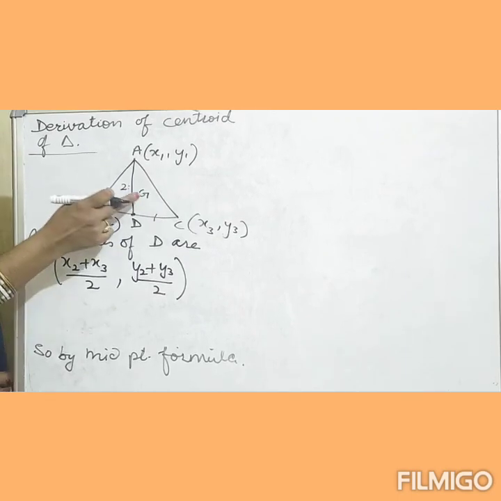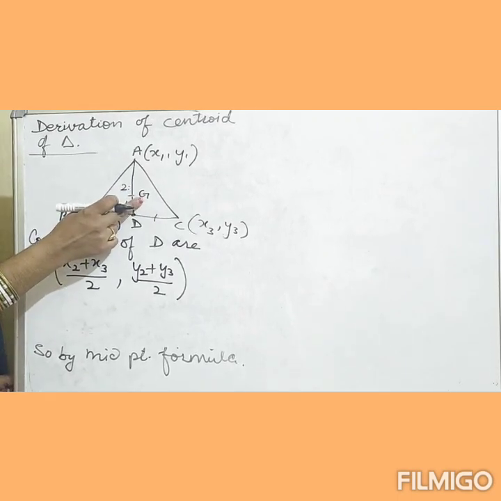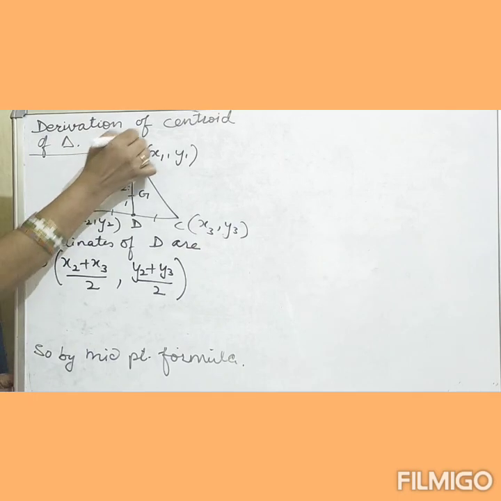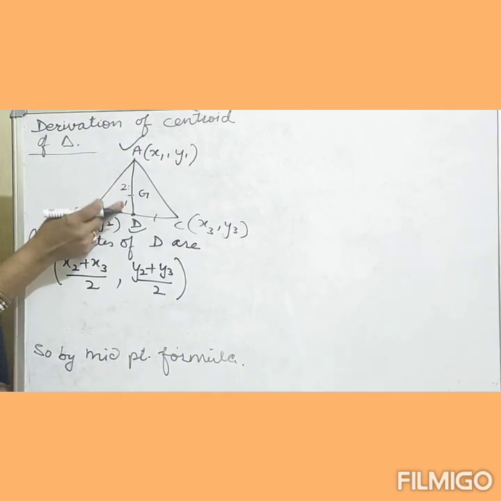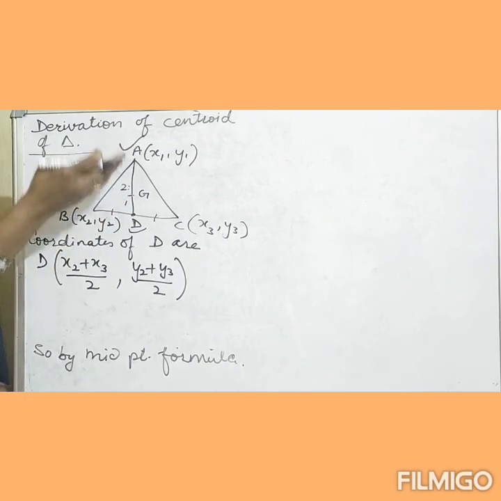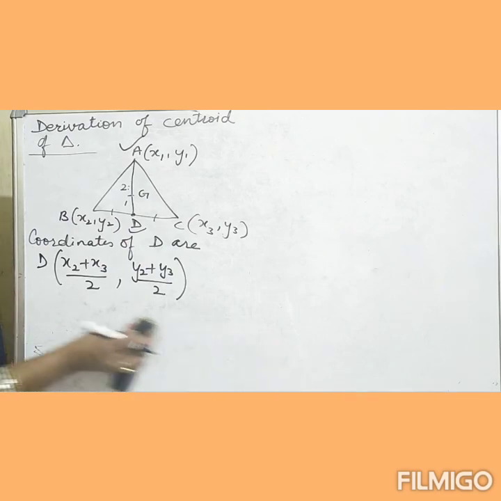Now I have to find the coordinates of point G. I have the coordinates of A as well as D, and the ratio also. If I have the ratio and the coordinates of the endpoints, which formula can I apply for getting G?